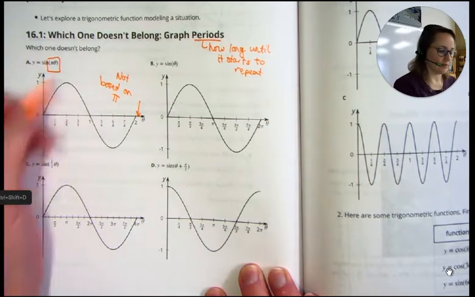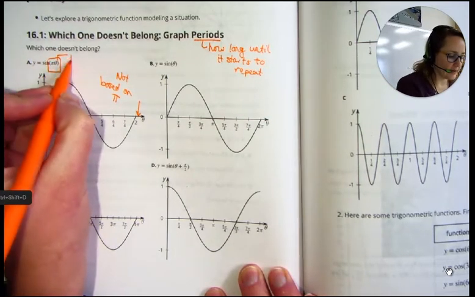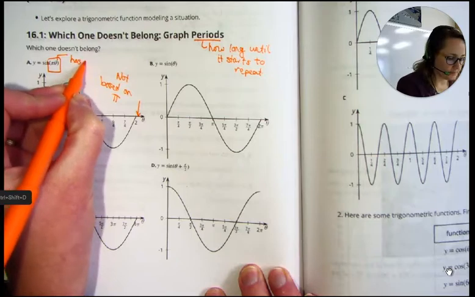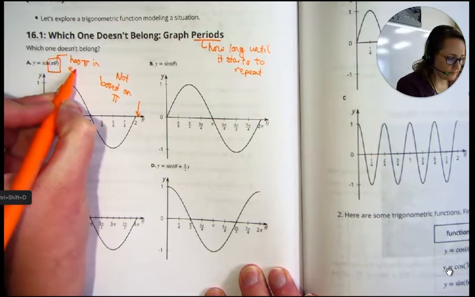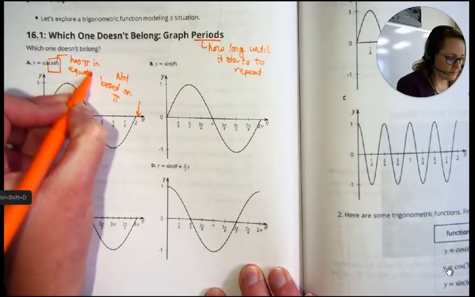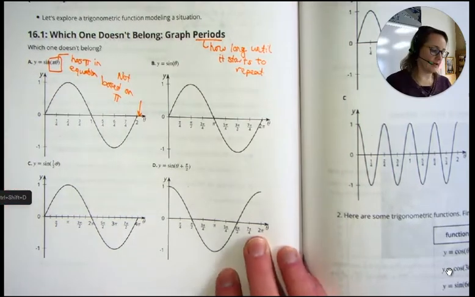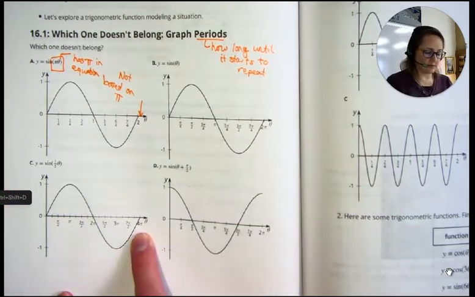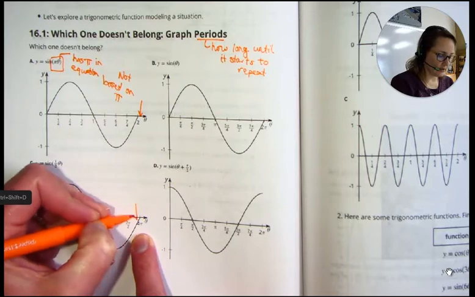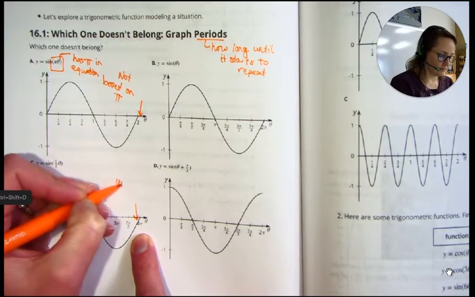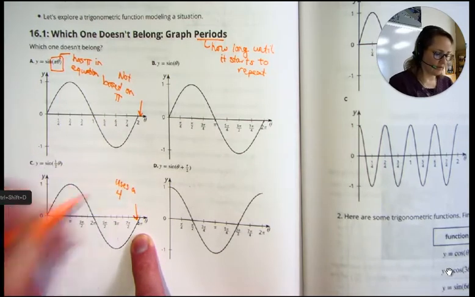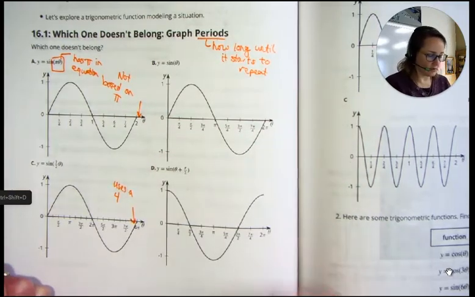So this is the only one that has pi in the equation. Okay, when I look at these other ones, this is the only one that has a 4 going on here. Everything else is just using 2's.